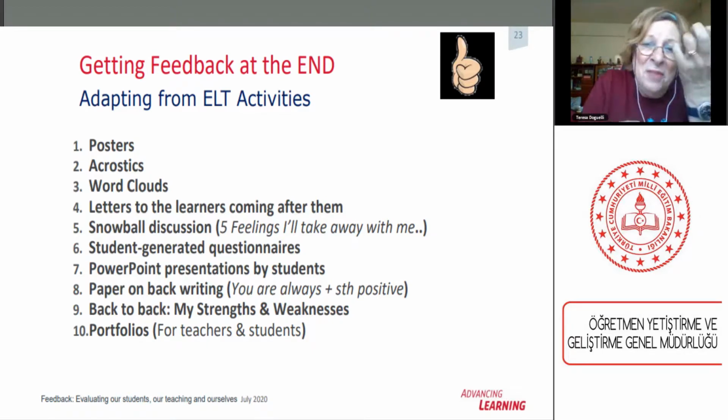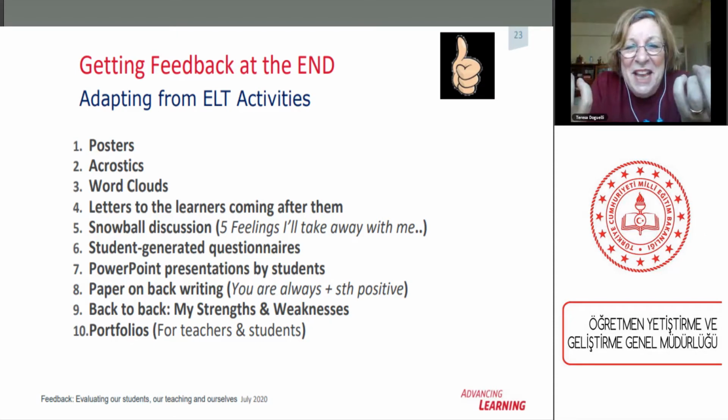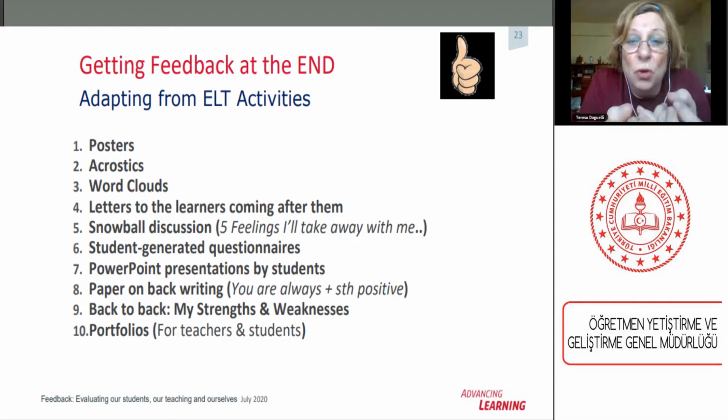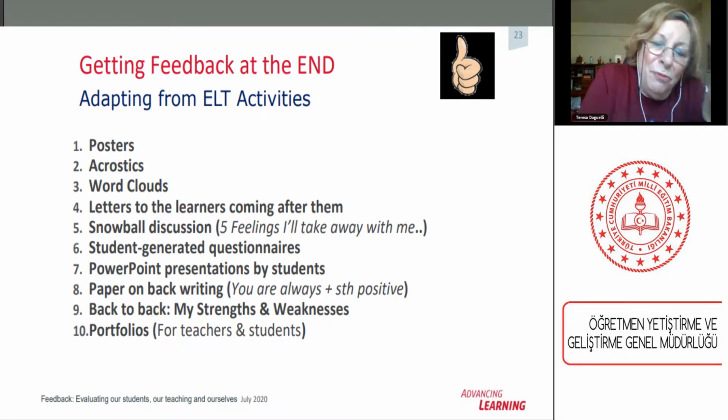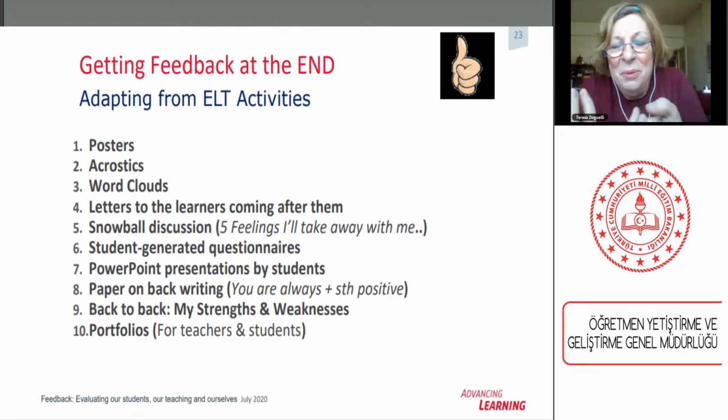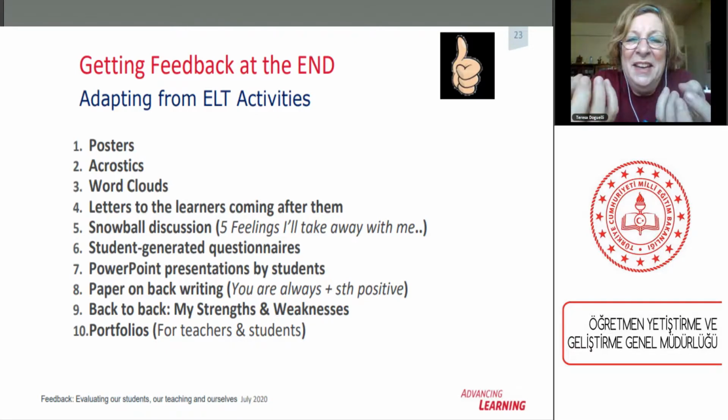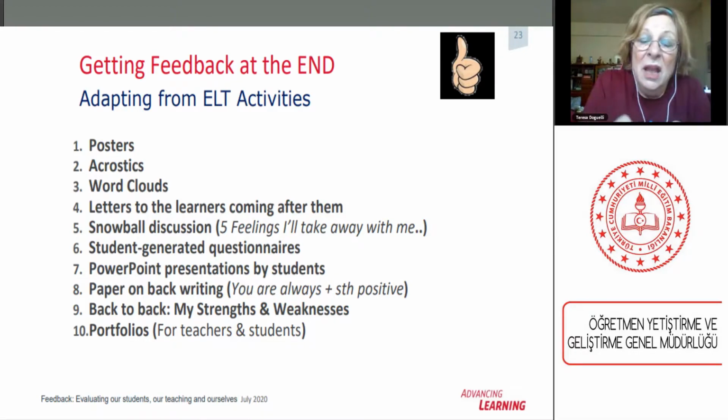And then this pair gets together with this pair, so now we have 4 students again with 5 words and 5 words, so now we have 10 words again, and again they have to discuss and negotiate and choose only a final 5.